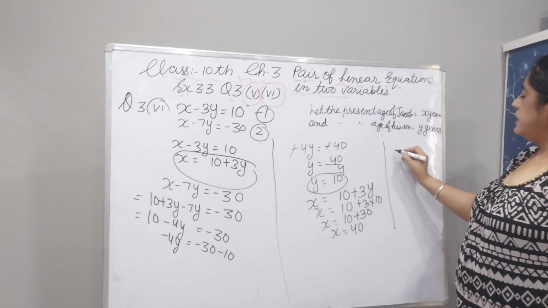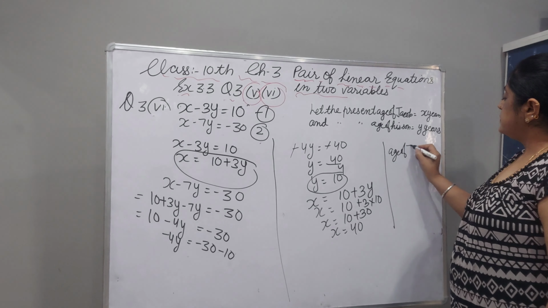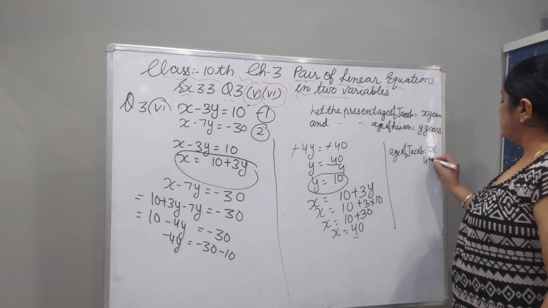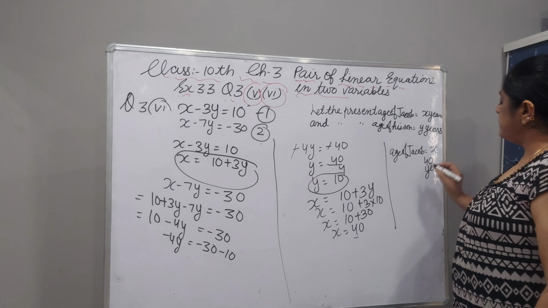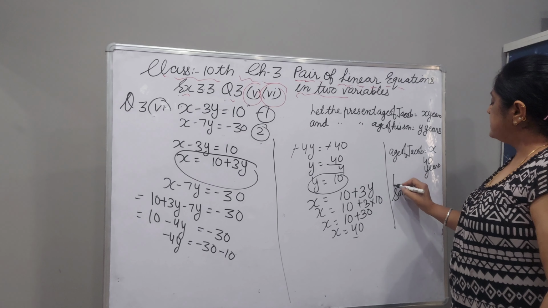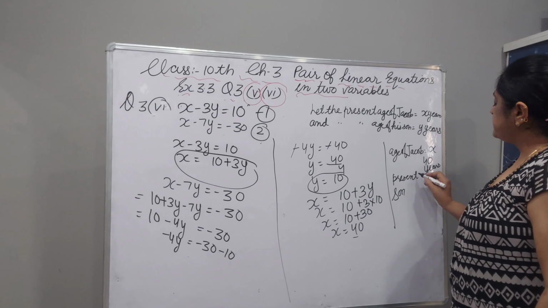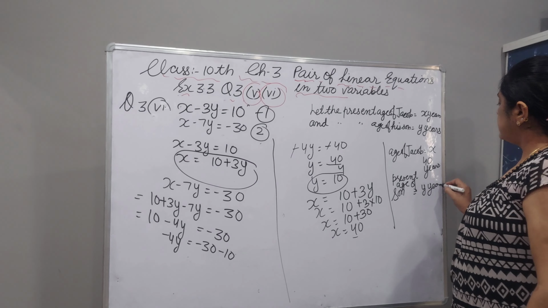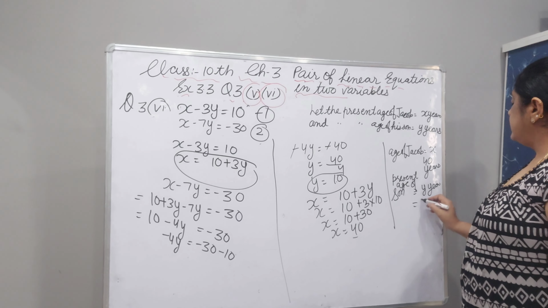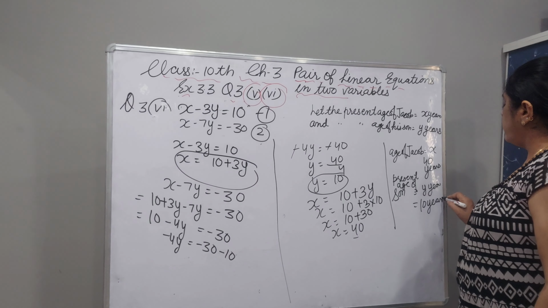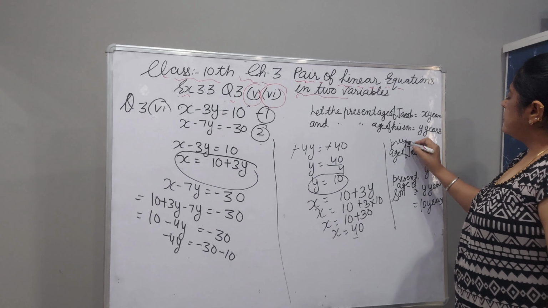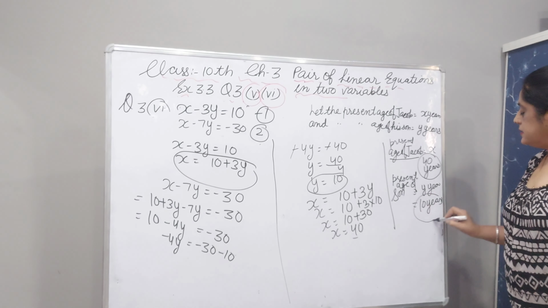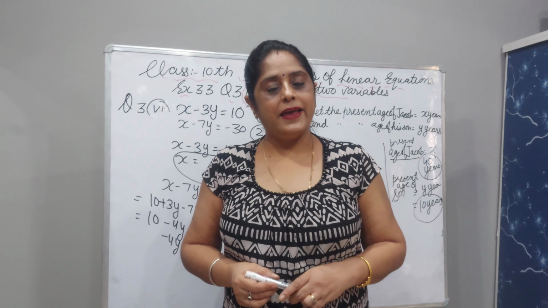Now age of Jacob, x years, x is 40. 40 years is age of Jacob, and present age of son, y years. And what is the value of y? 10. And 10 years is present age of his son, and present age of Jacob is 40 and son is 10 years. Hope you understood, and thanks for watching.